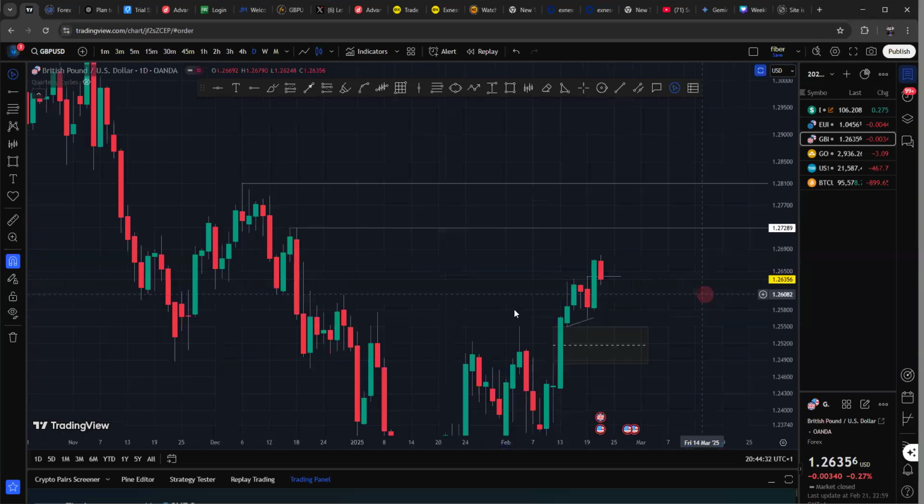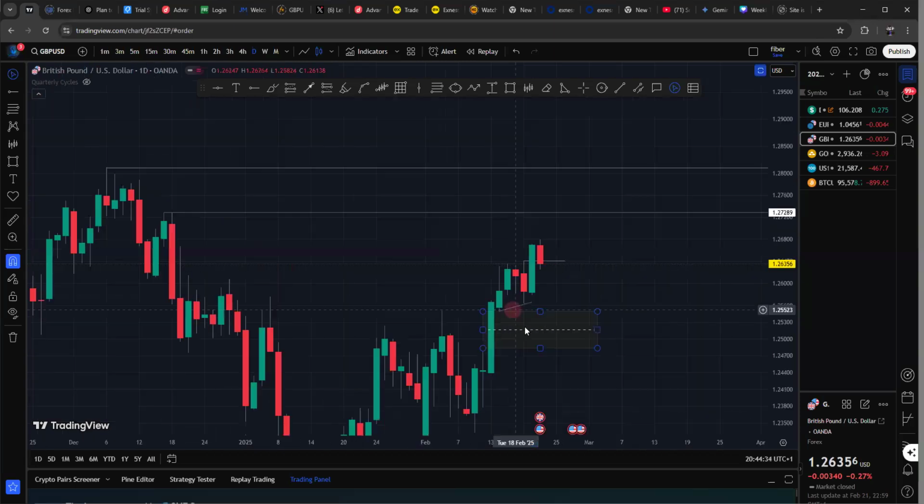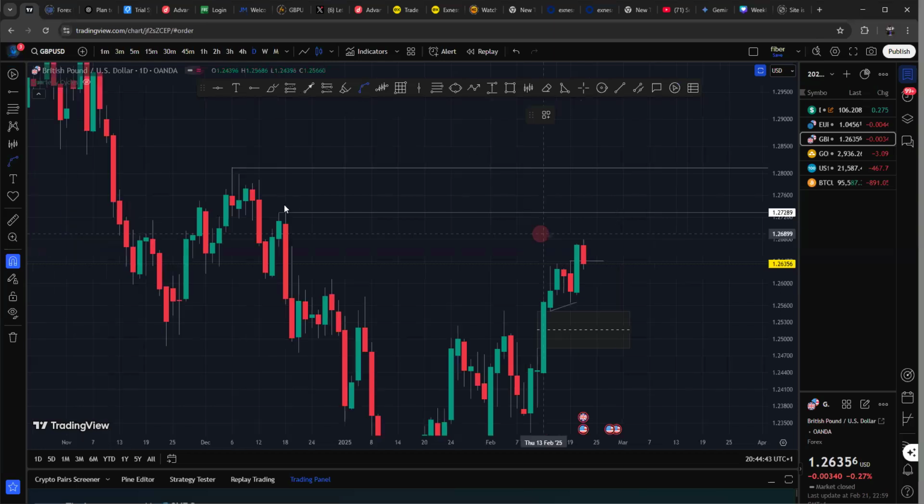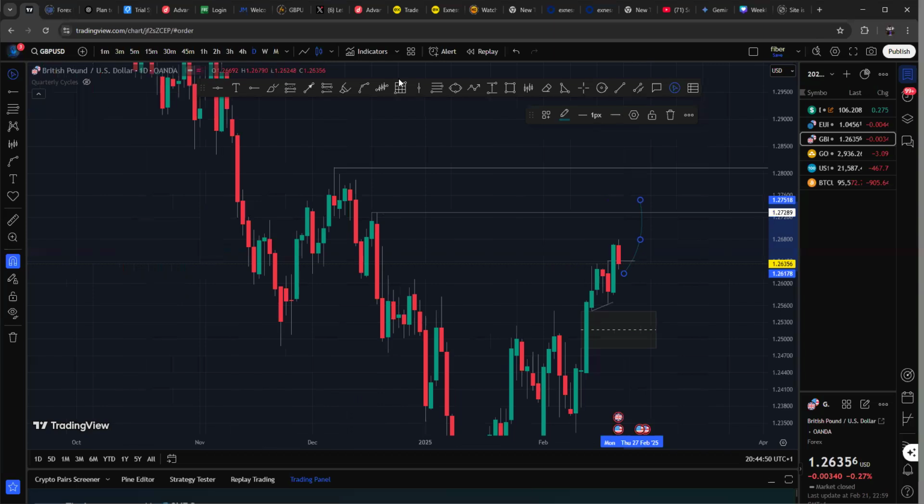So take note, this fair value gap wasn't filled because of SMT, and we expect higher prices from here to take out this high, probably this one too. So that is for GBP USD.